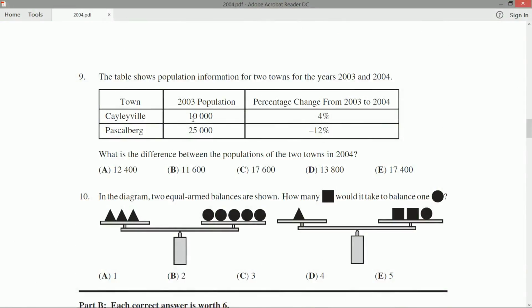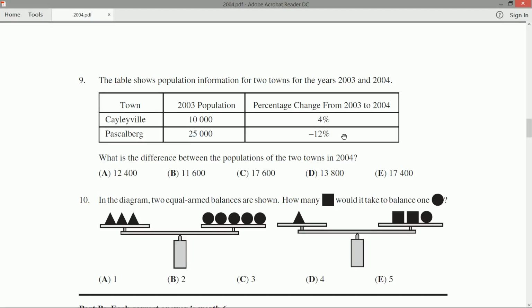It started with a population of 10,000 and that population increased by 4%. And then we have Pascalberg, started with a population of 25,000, but 12% of the people have left. Maybe they've gone to Cayleysville, maybe they've gone to Fermat City, who knows. The point is, the population has decreased by 12%. What's the difference between the populations of the 2 towns in 2004?